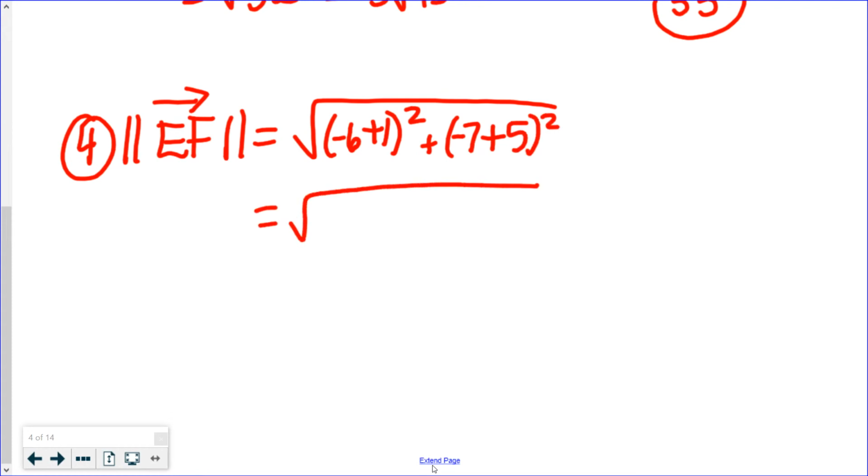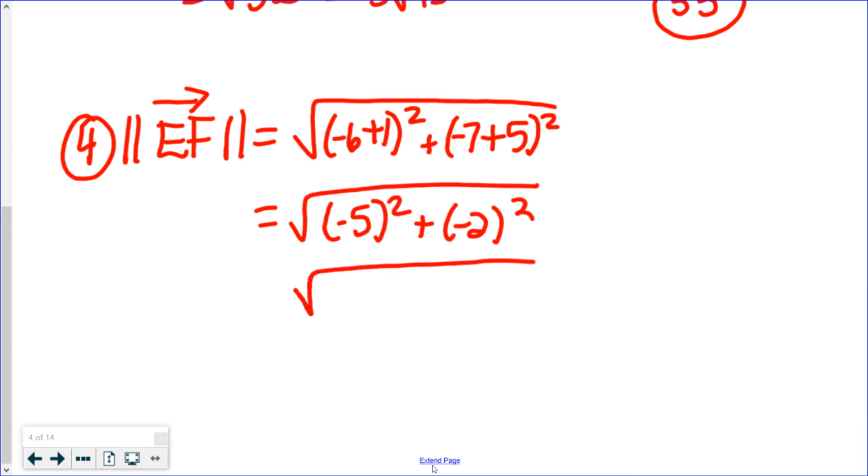This would be the square root of -5 squared plus -2 squared. That's going to be 25 plus 4, the square root of 29. 29 is a prime number, so nothing can come out of that one.